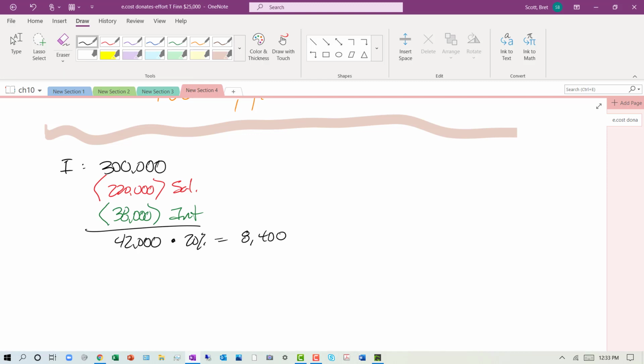But what if we said, we want to have a certain amount of income after all of our distributions. Granted, we could take away this 8,400, but if we take away 8,400 from here, what are we left with?